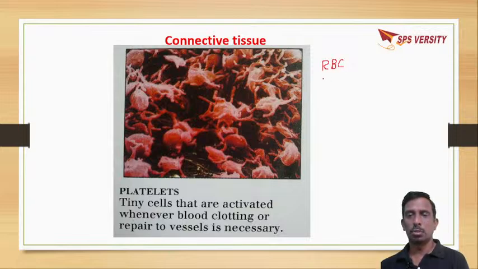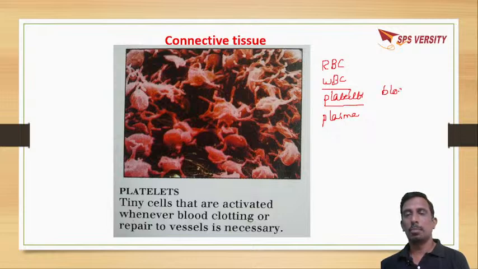Blood has a lot of roles: RBCs help in carrying oxygen and carbon dioxide, plasma has a lot of proteins, WBCs play an important role in immunity, and platelets play an important role in blood clotting.